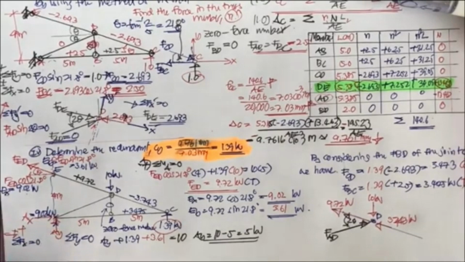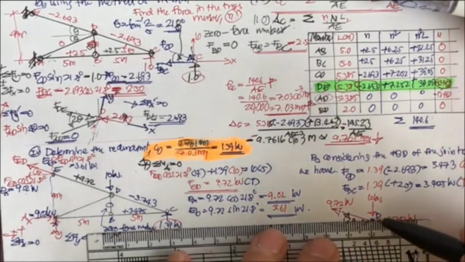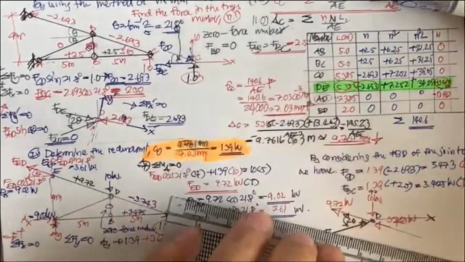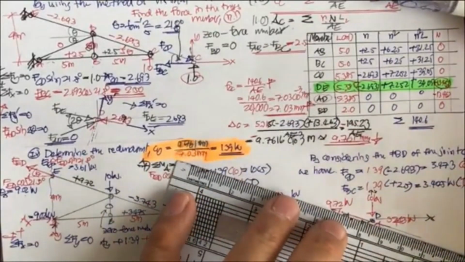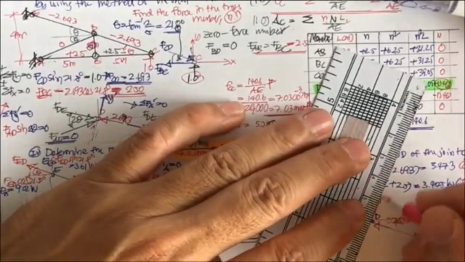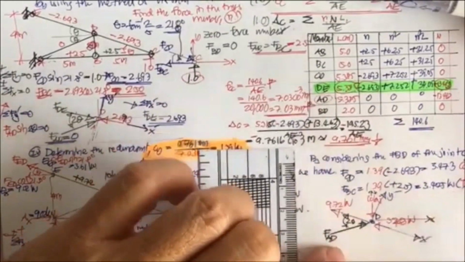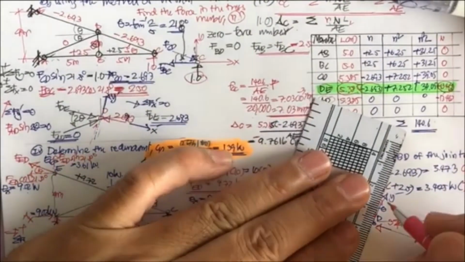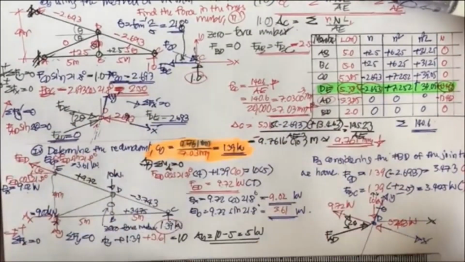Okay, it's up to you. You may take the consideration about x, y as before, or you may take this one for the x prime, and this one is going to be the y prime. This is going to be theta. Okay, and it's better to take this one in the x prime direction.